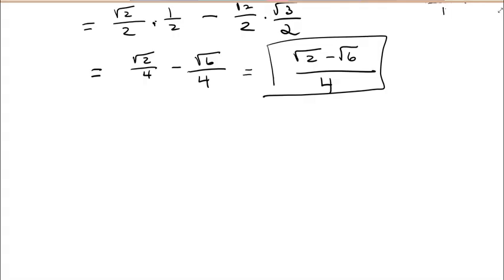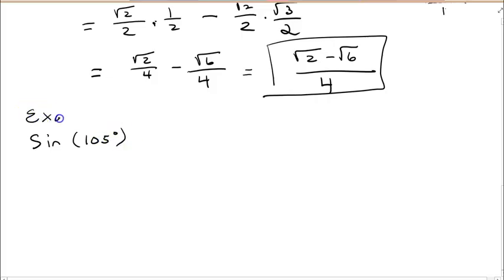And we can look at another example in degrees. So maybe if you're not quite understanding the radians, what if I wanted the exact value of sine of 105? Now again, I know you can plug in sine of 105 degrees, put your calculator in degrees and get that, but that's going to give me an approximation. I want the exact value.